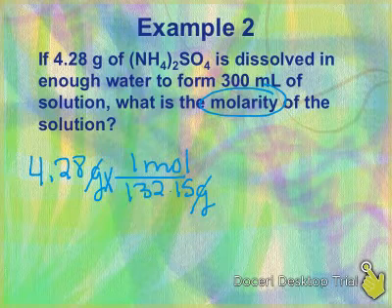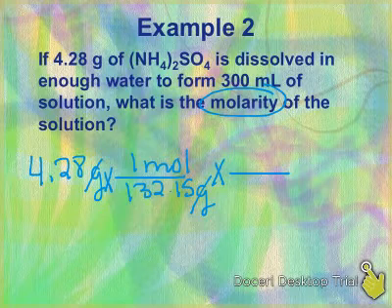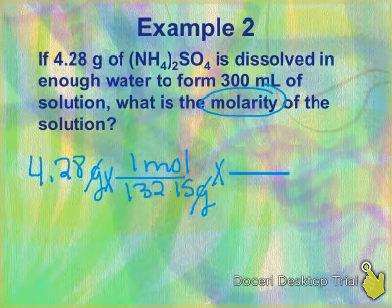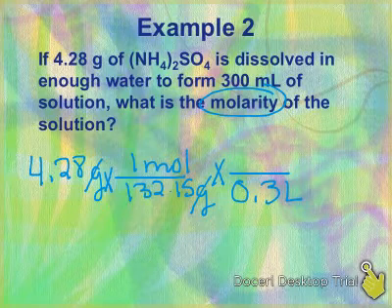We want moles per liter. So are my liters going to go on the top or the bottom? Bottom. And what am I going to put? 0.3 liters, correct? Does everyone understand how I'm moving the decimal over 3 times? We can do that part in our head, right? Okay. Does anything go on the top?